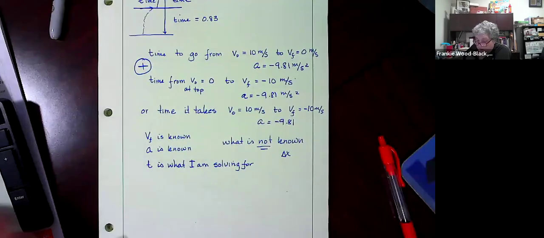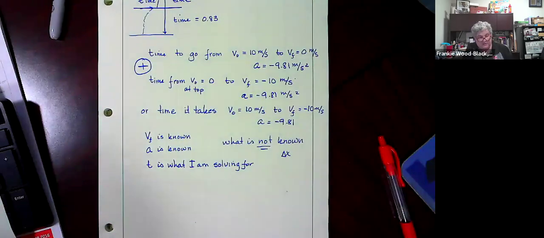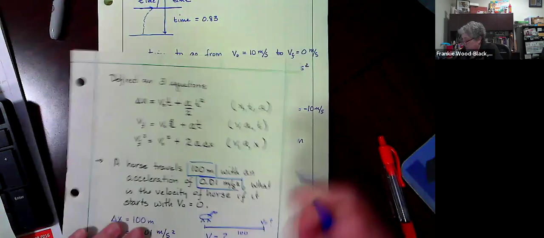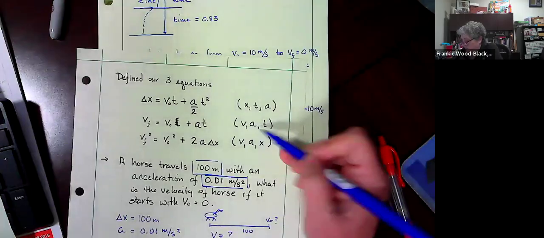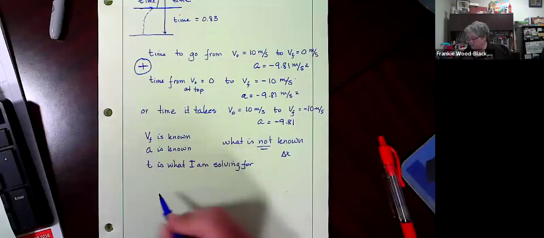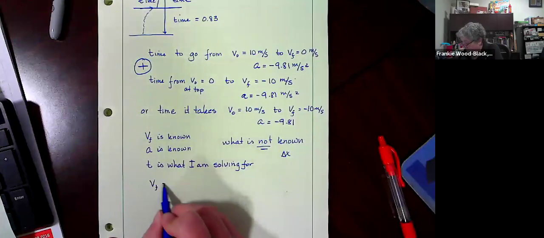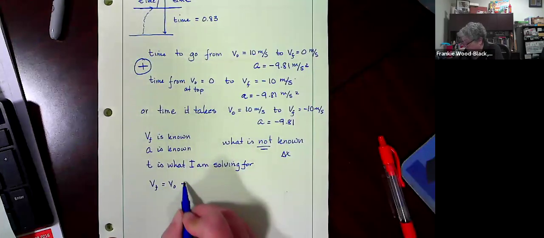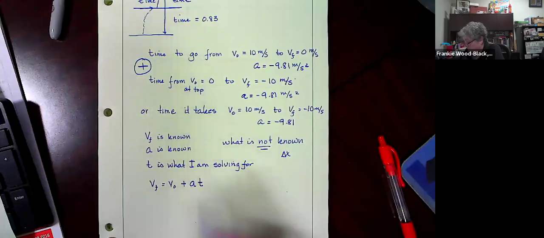So I can look at my equations again. I know my velocity, I know my acceleration, I'm solving for time, so I'm going to use that one. So I get V final is equal to V initial plus my acceleration times time.